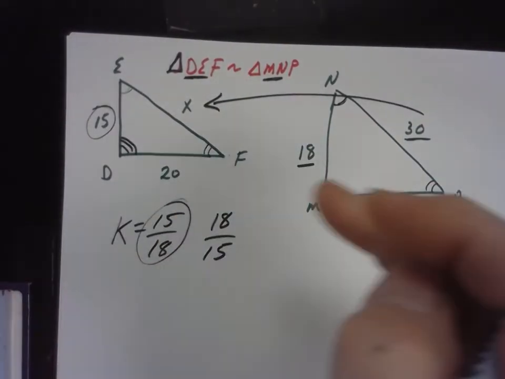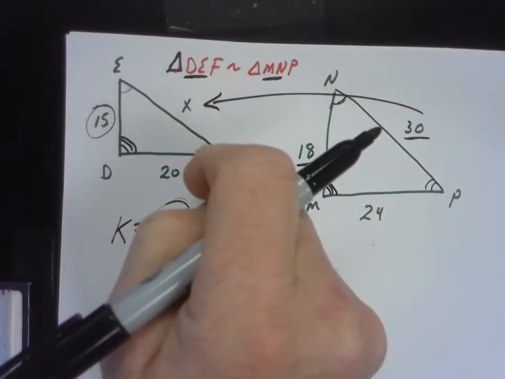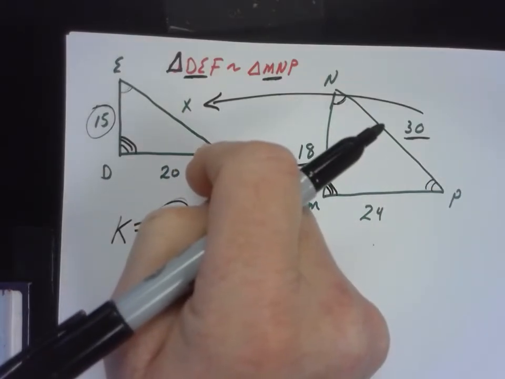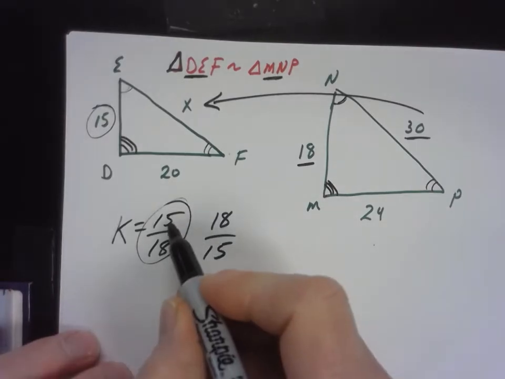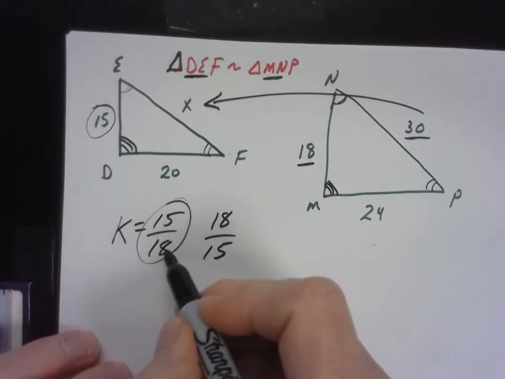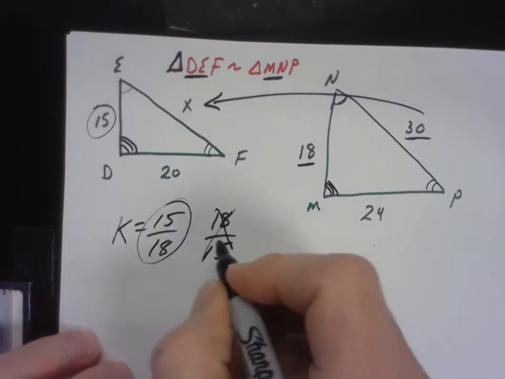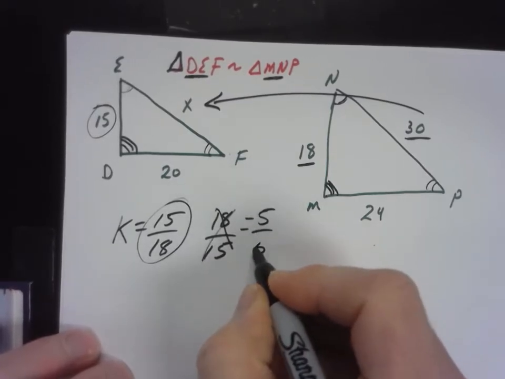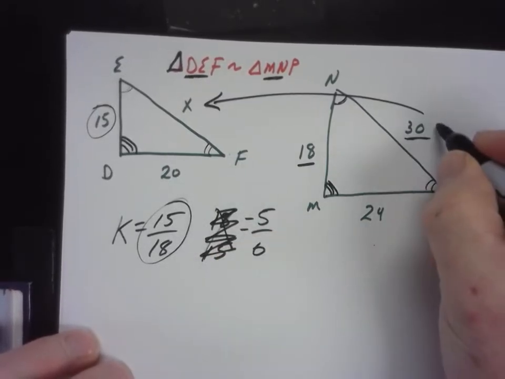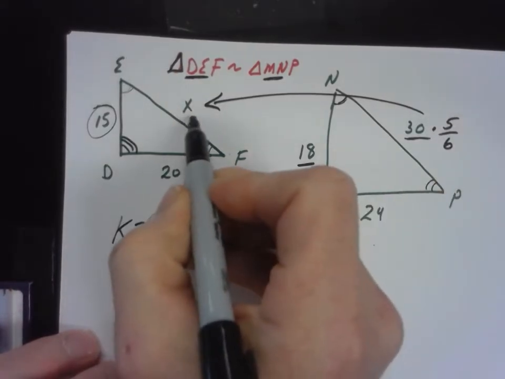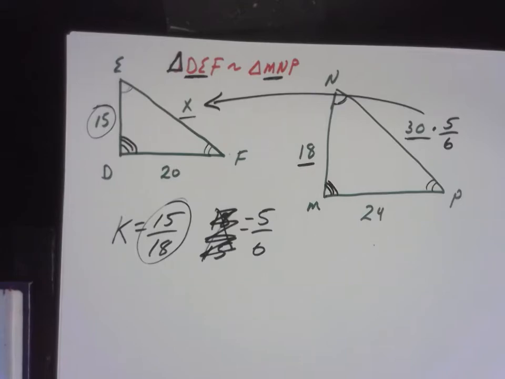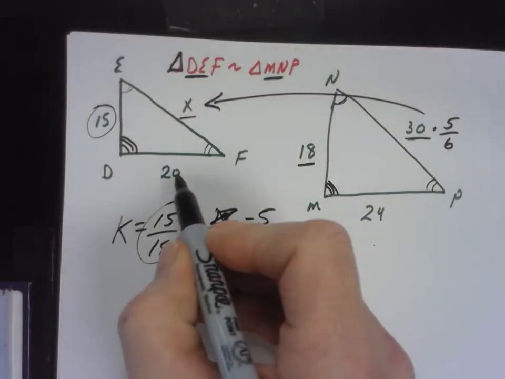So I want to go from the big triangle to the little triangle. So I want a scale factor that's less than 1, don't I? So if I take this scale factor, which is 5/6, and I multiply 30 by 5/6, that's going to give me x. And if I multiply 24 by 5/6, it should give me 20, does it?